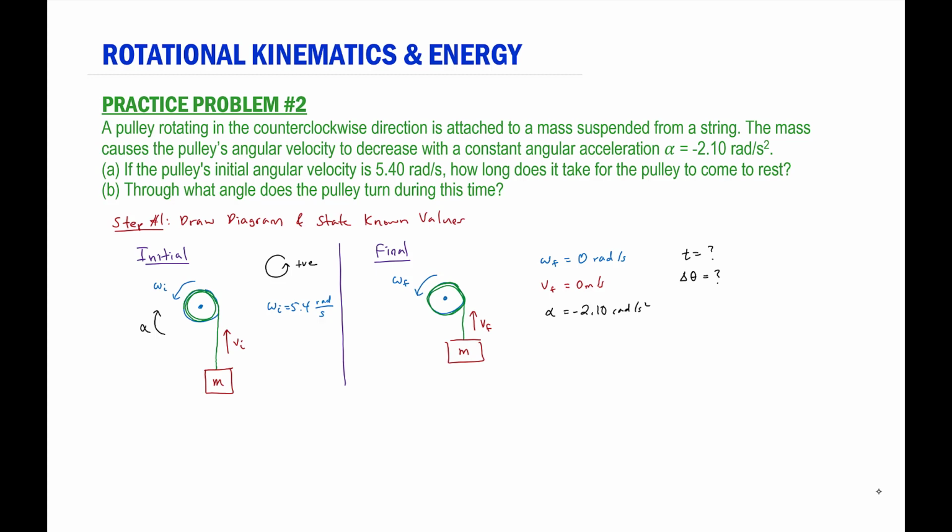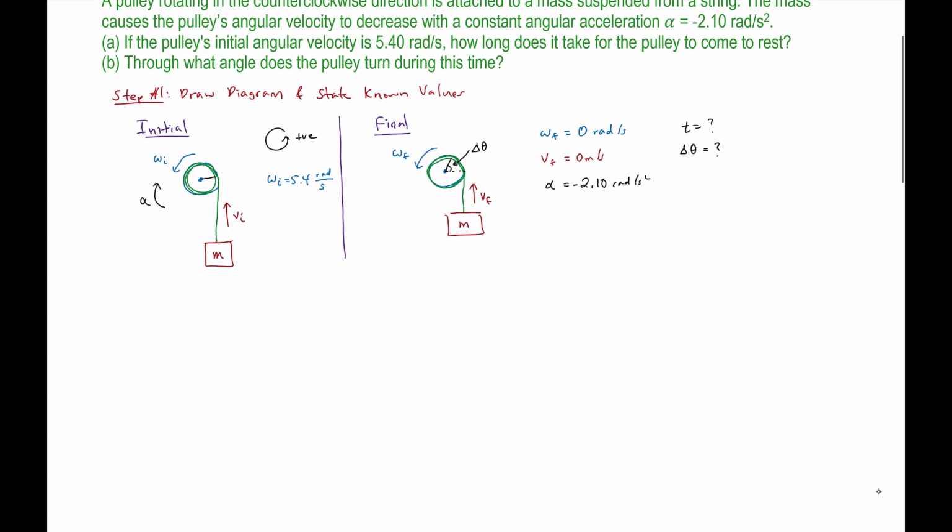So essentially that's how far this has turned. So step number 2, we can see we have a kinematics problem, so all we really have to do here is just apply our kinematics equations and solve.